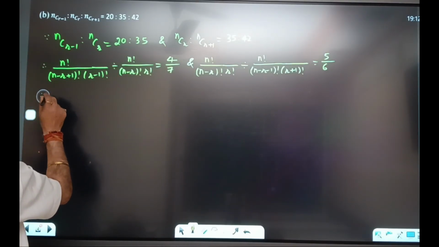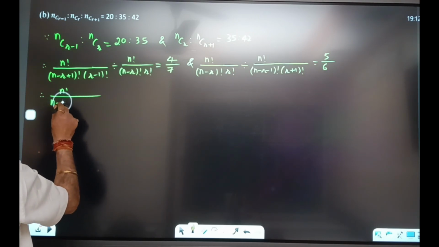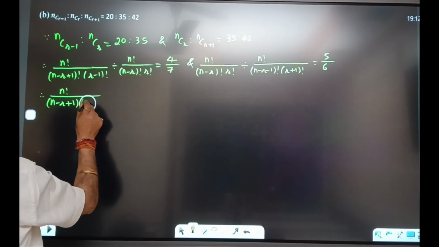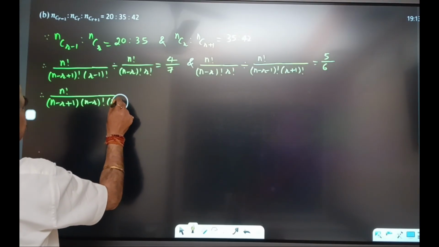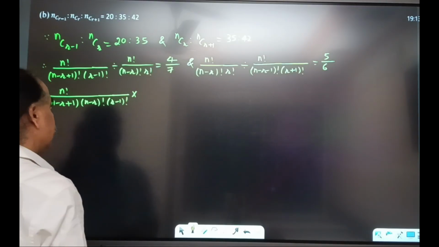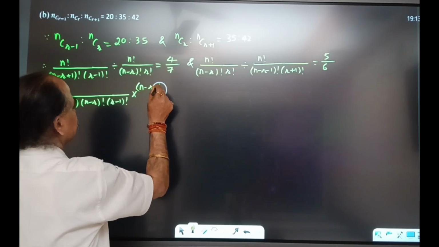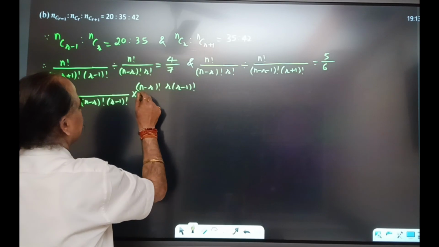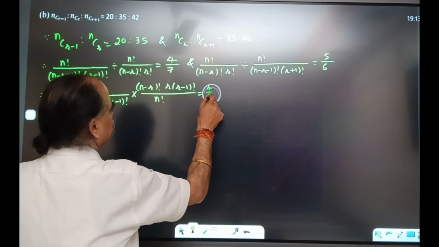Now this can be written as n factorial upon (n minus r plus 1) into (n minus r) factorial into (r minus 1) factorial, multiplied by (n minus r) factorial into r factorial, divided by n factorial, equal to 4 by 7.